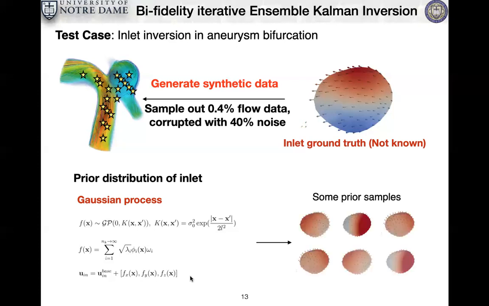Since we only select 9 basis functions, we are using 9 KL modes to represent the perturbation. So it is formulated into a 9-dimensional inversion problem. Here are some contours of the basis.